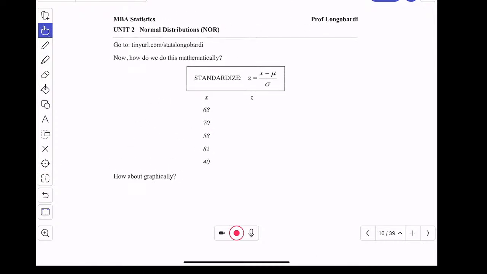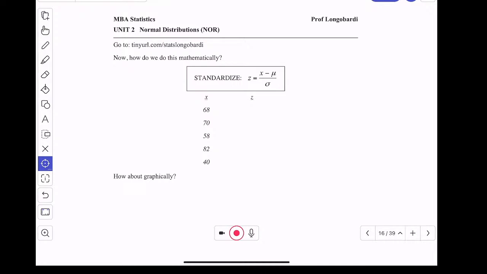So how do we do this? This is actually the formula to get us from 68 to 2 and 70 to 3 and 58 to -3 and 82 to what and 40 to what. So these are numbers that are off the chart, but I could still transform them.